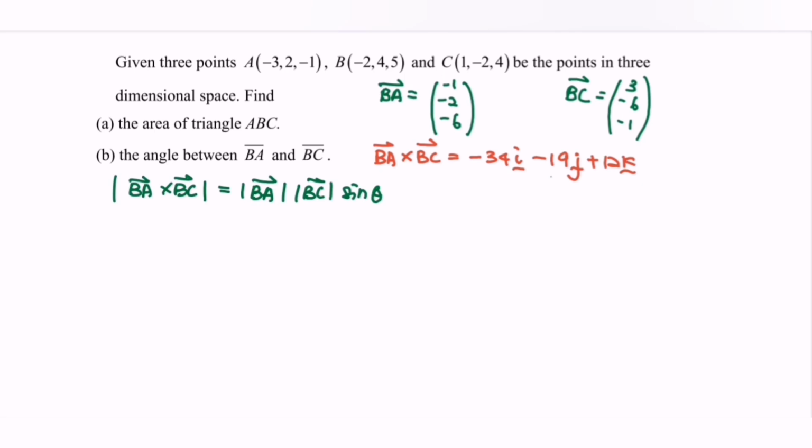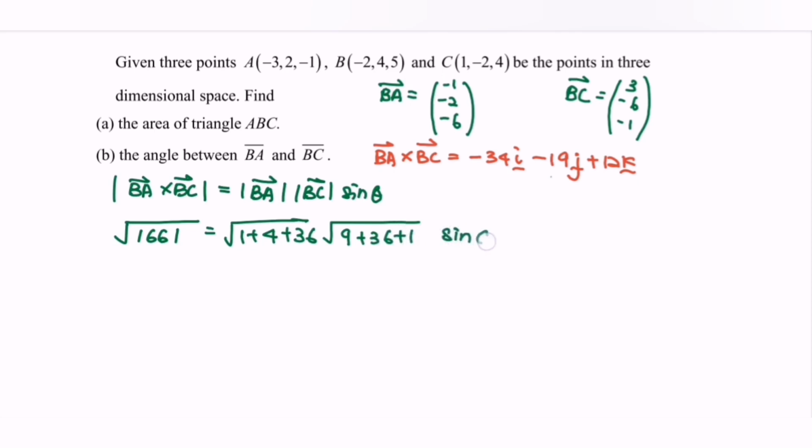So here we have the square root of 1661 equals to the magnitude of BA, so we have 1 plus 4 plus 36, multiplied with the magnitude of BC, where we have 9 plus 36 plus 1, sine theta.